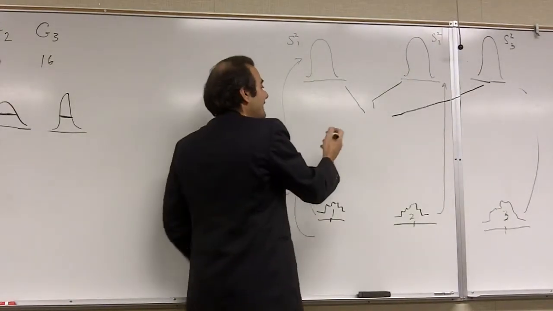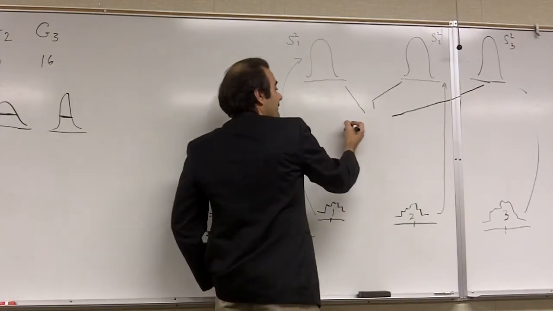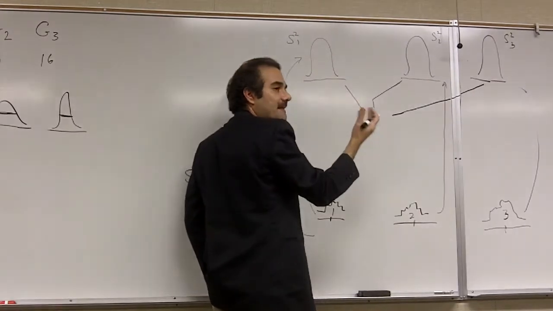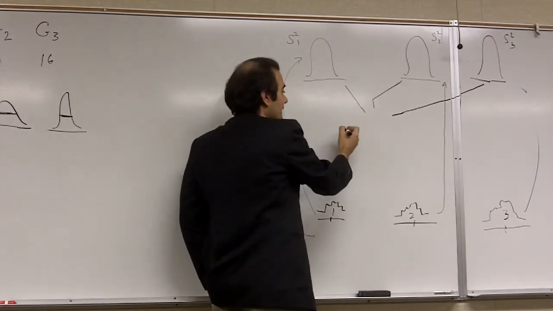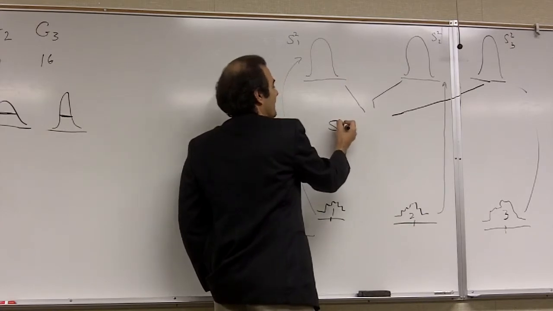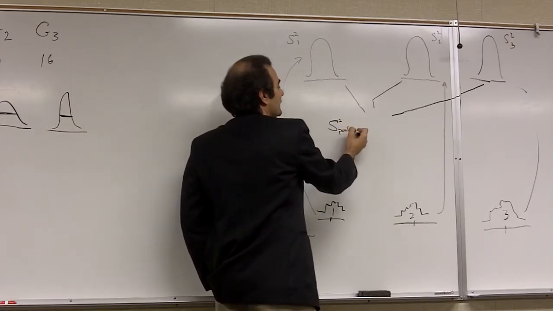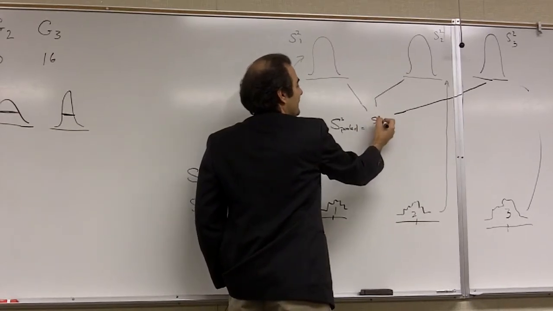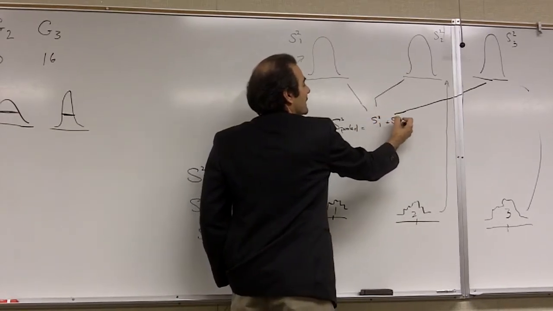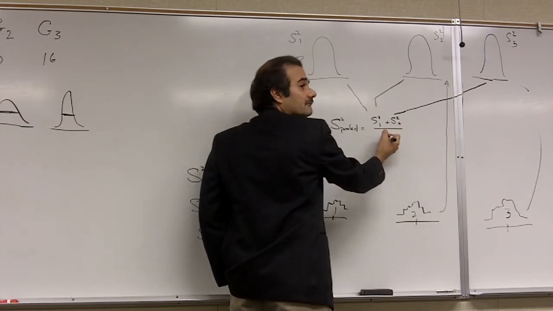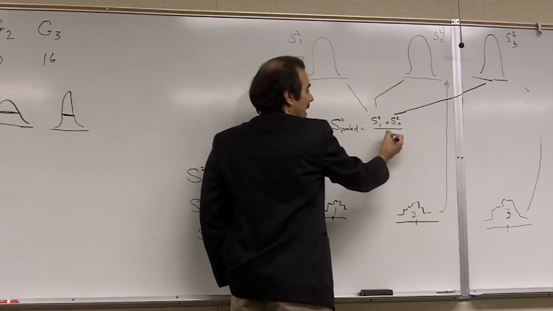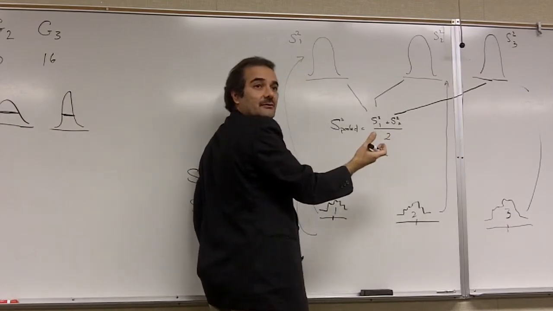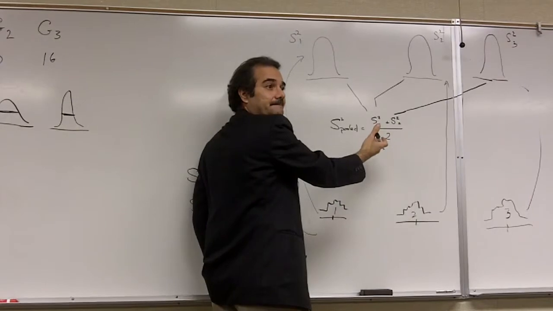So when you have equal ns, the pooling of your variance is just going to be the mean of these variances. So S squared pooled, if it was two groups, would be equal to S squared 1 plus S squared 2 divided by what? Divided by 2. That's the mean.